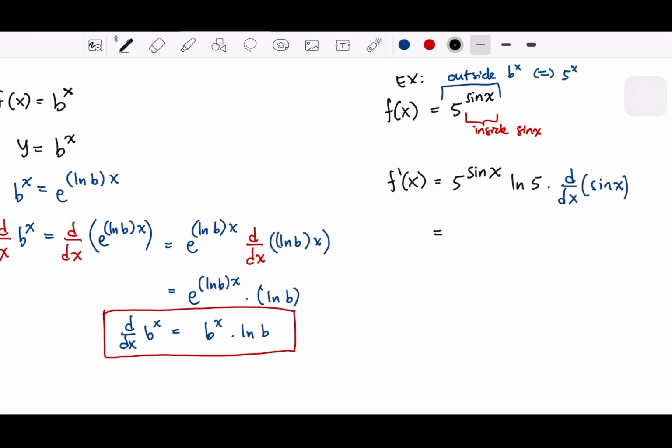So we have 5 to the sine x, ln 5, and then cosine x. So as long as you keep consistency, outside function, inside function, any function that seems complicated, you can work out slowly, and you will get the results.